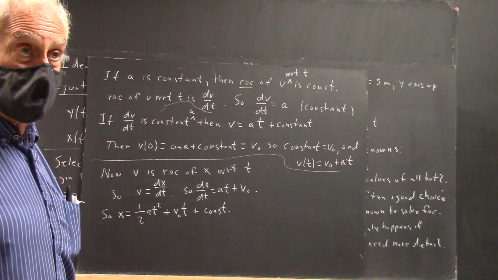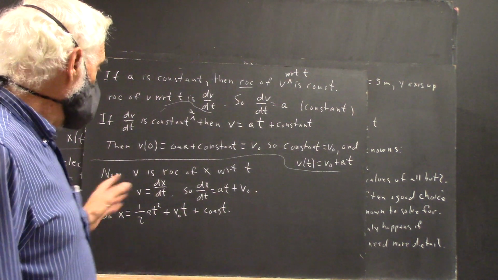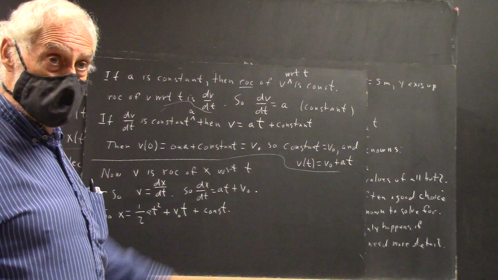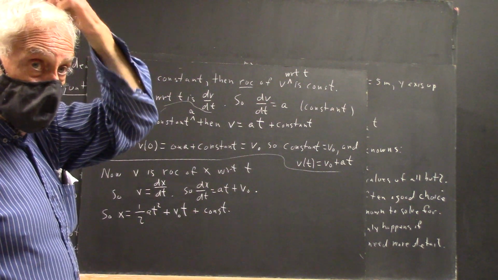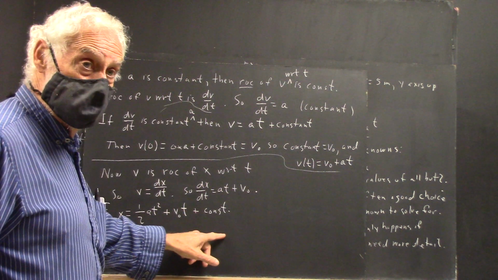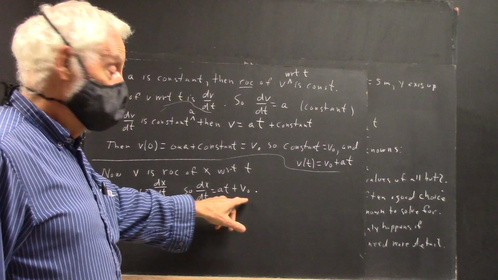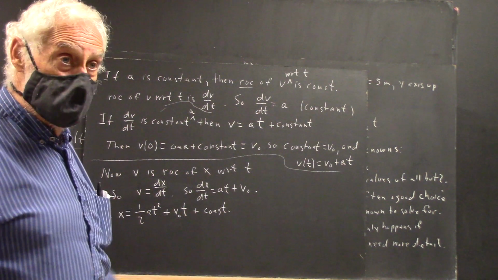And then, just as before, there's a constant term, because if you take the derivative of a constant term, you get 0. So if you want to write the most general possible function whose derivative is AT plus V naught, it has to be like this.